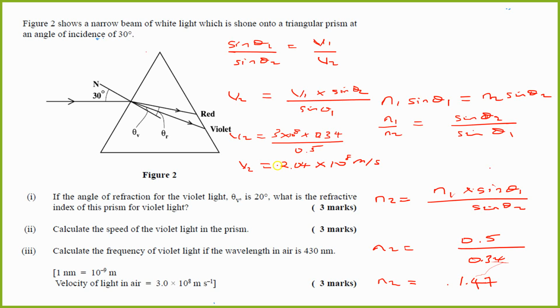All right. Now the question continues. It says they want us to calculate the frequency of violet light if the wavelength in air is 430 nanometers.